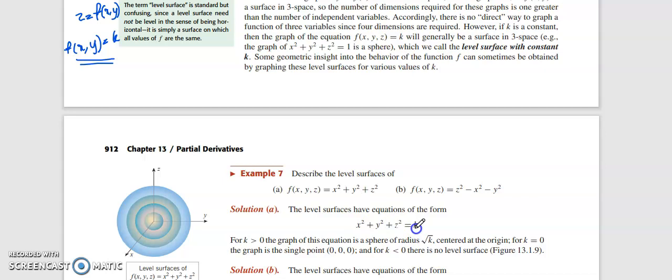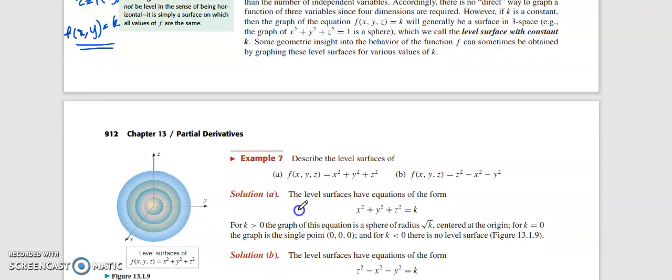It is the equation of a sphere centered at the origin with radius root k. So as we give different values to k, you will be getting different spheres, corresponding to each value of w, each value of f. So these are called the level surfaces.